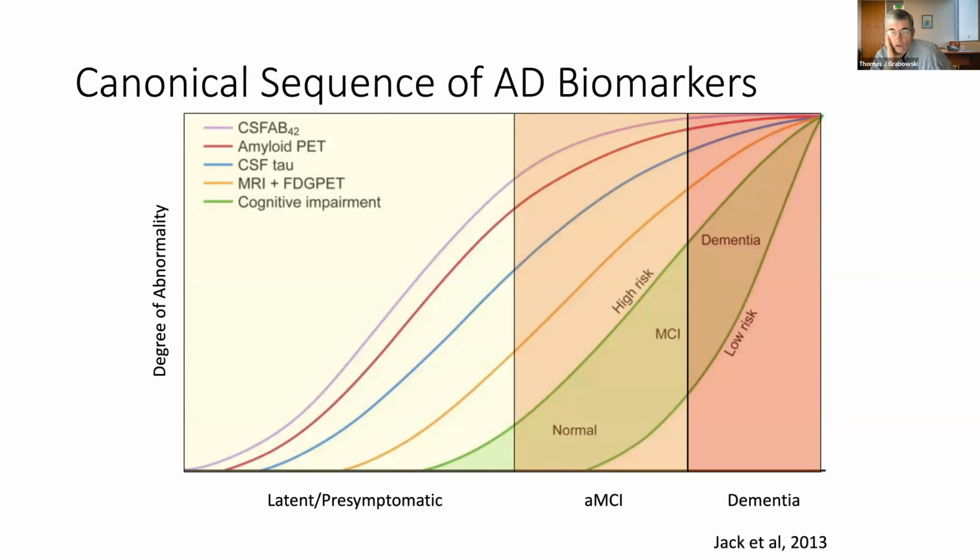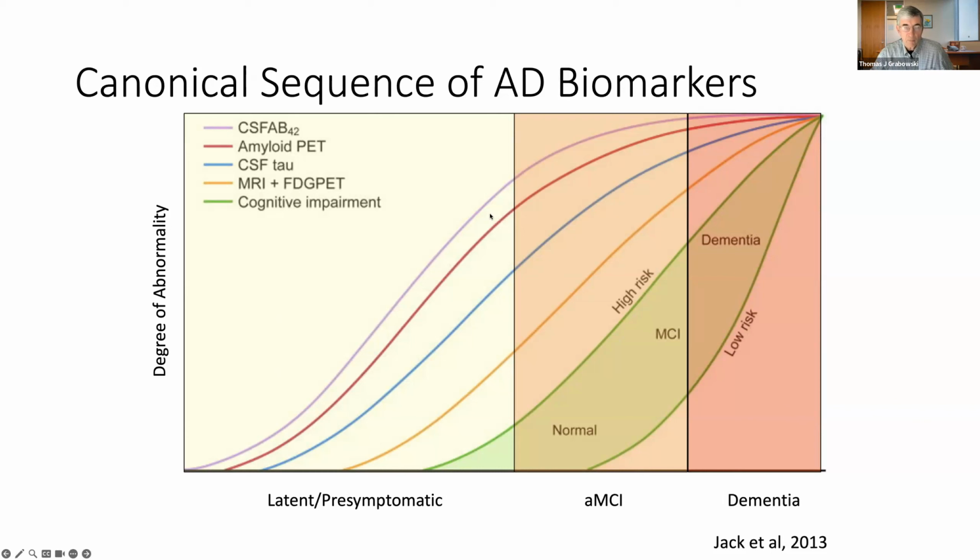In general, those degenerative changes that we see with MR are late phenomena. This is the now classic figure that comes out of the ATN work from the JACC lab, showing what I call a canonical sequence of Alzheimer's disease biomarkers over the disease course, from the latent pre-symptomatic stage through amnestic mild cognitive impairment and dementia.